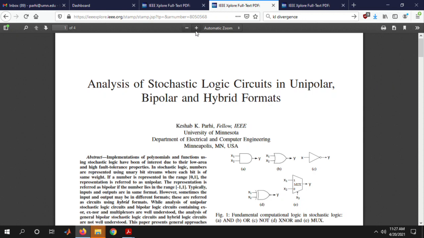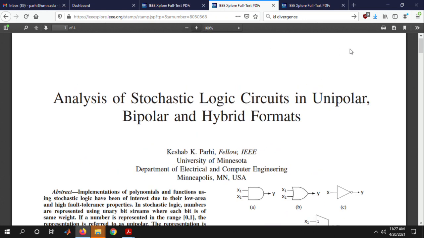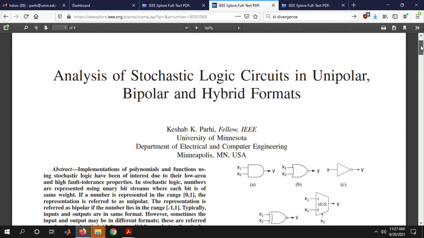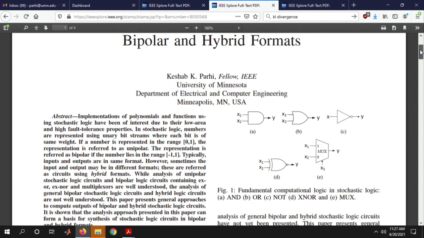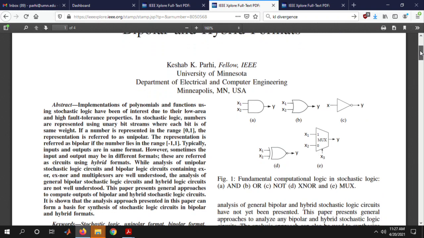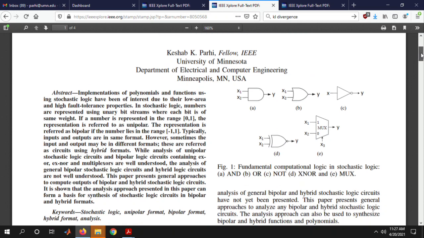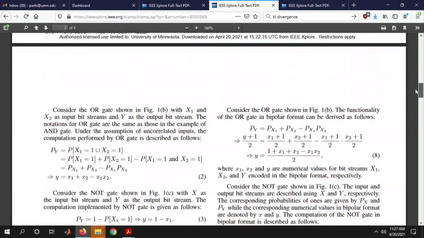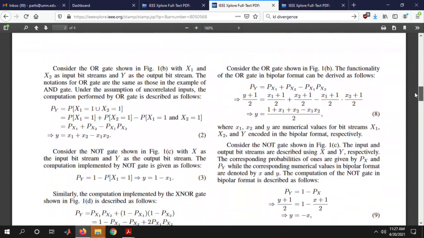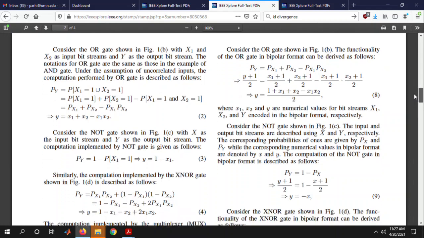I would say you start with this paper, Fundamental Computational Logic in Stochastic Logic: AND gate, OR gate, NOT gate, XNOR gate, and MUX gate. Those are gates that we want to see what they are computing. We talked about how to compute AND gate, how to compute OR gate.